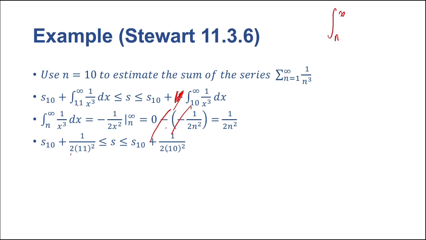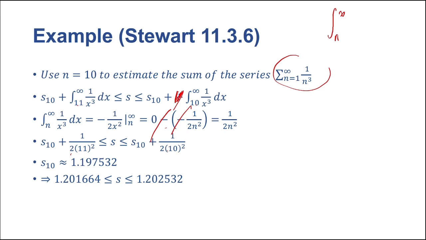Now we want to find what our 10th partial sum is. I don't particularly care how you do this. I don't want to do it here because we need to plug in a lot of numbers, and that's something you can easily do on your calculator, so I'm not going to waste time doing that now.